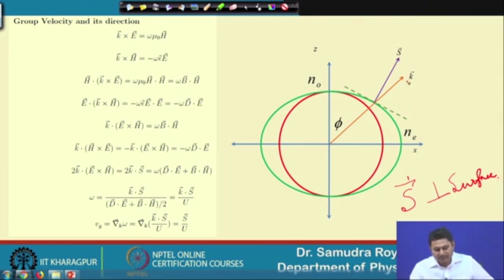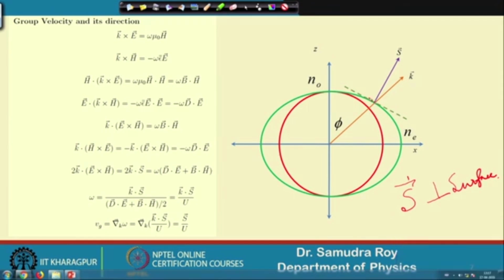But k is not necessarily perpendicular to the surface. k is perpendicular for a system with uniform refractive index, that is true, but for the extraordinary case we do not have a uniform refractive index, the refractive index is changing. So k is not perpendicular, but S will always remain perpendicular to this surface.